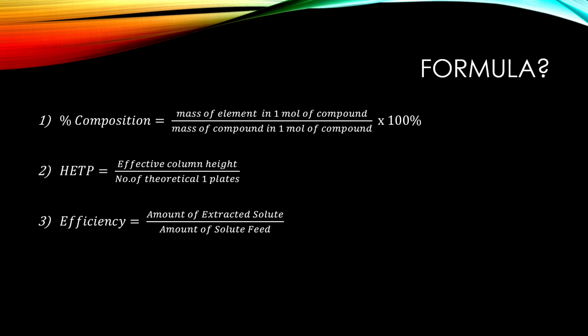So the formulas: percent composition equals mass of element in 1 mole of compound over mass of compound in 1 mole of compound times 100%. Second, HETP equals effective column height over number of theoretical plates. Third, efficiency equals amount of extracted solute over amount of solute in feed.